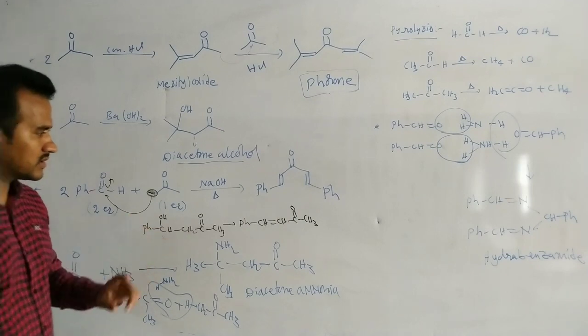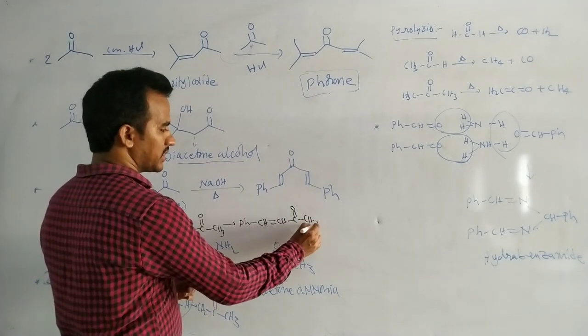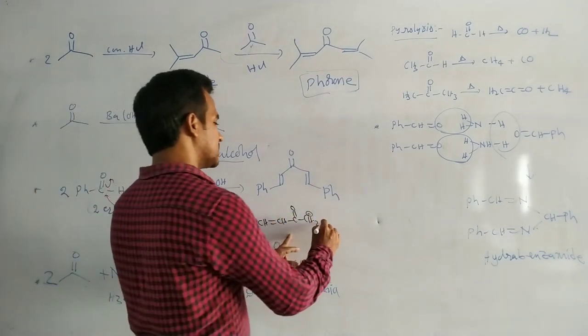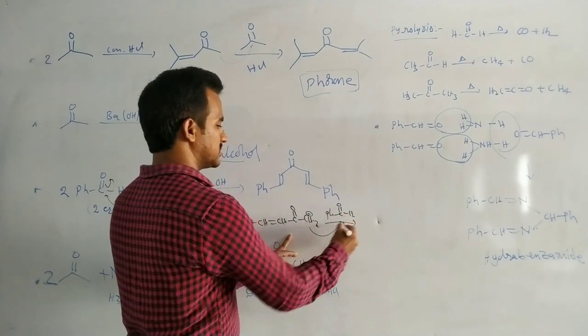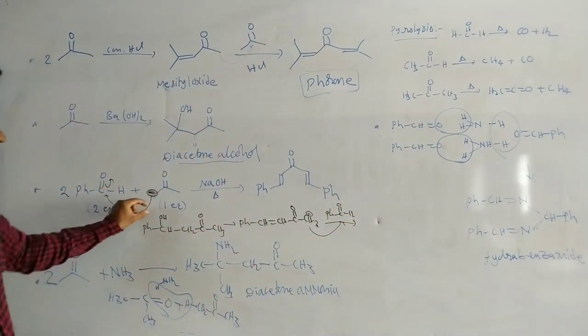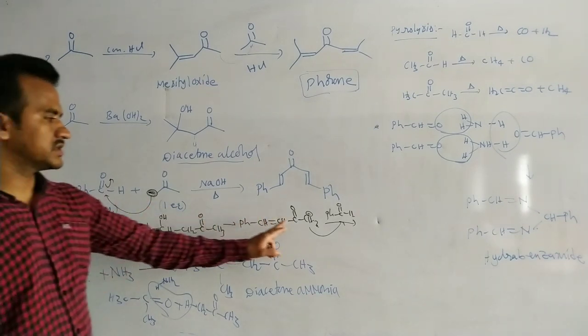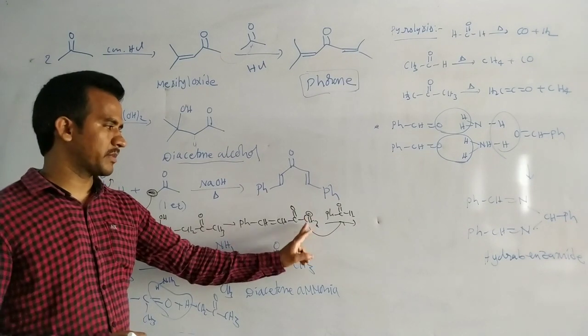And next, again aldol reaction. On this one, a carbanion is generated. This one attacks another mole of benzaldehyde, because here there are two equivalents of benzaldehyde and acetone only one equivalent. Now in this case there is an alpha hydrogen, so by the base the proton is removed and a carbanion is generated.